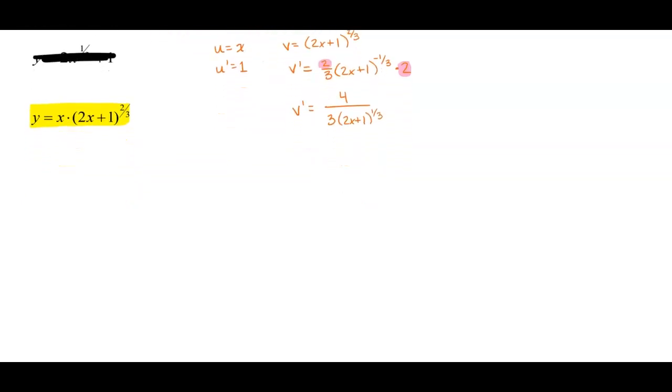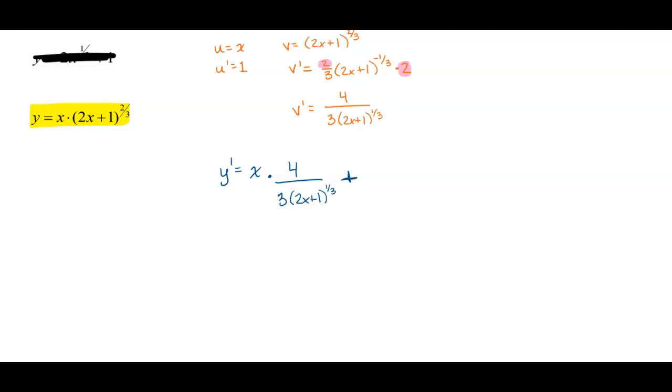Now I'm going to put it all together with the product rule. So y prime will be u times the derivative of v. And I'm going to be really clear about what's on the top and what's on the bottom. So that x that came from the u part, that's in the numerator.